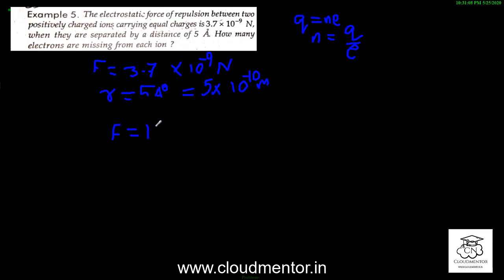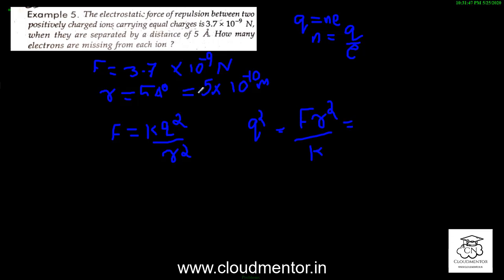F = k Q1 Q2, but here both charges are the same, so F = kQ² divided by r². We need to find the charge Q, so Q² will be equal to F r² divided by k.